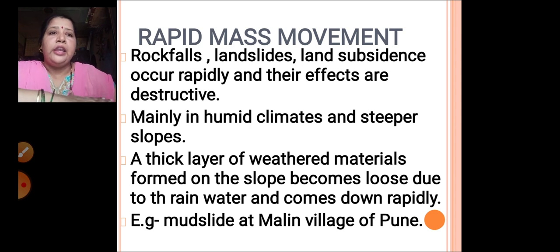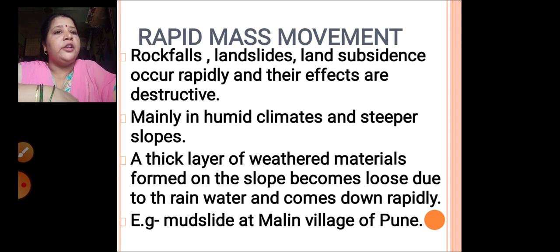Now what happens actually in this rapid mass movement? A thick layer of weathered material, which is formed on the slope, becomes loose. How does it become loose? As I told you, it is in the humid climate, correct? As water falls on it, the water penetrates inside and loosens the weathered material.